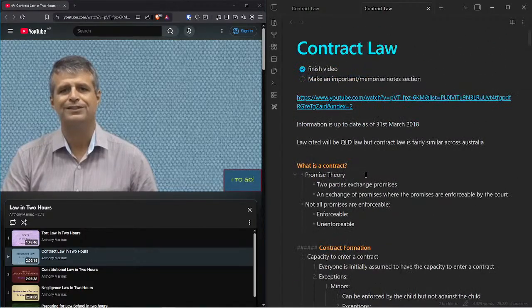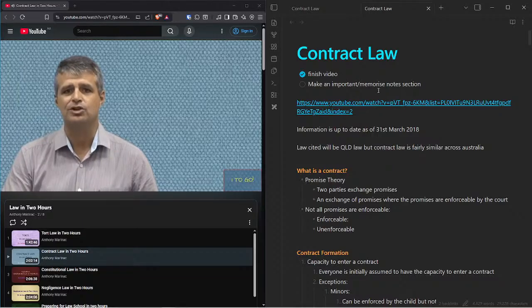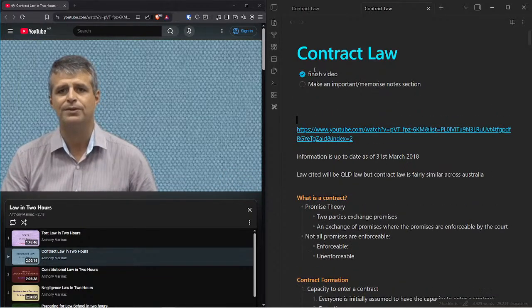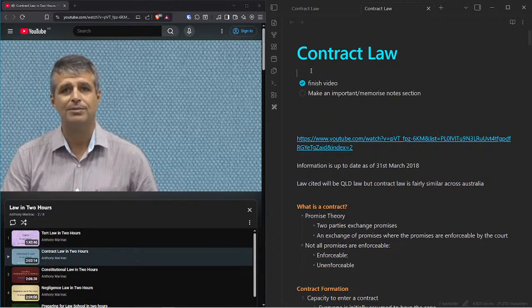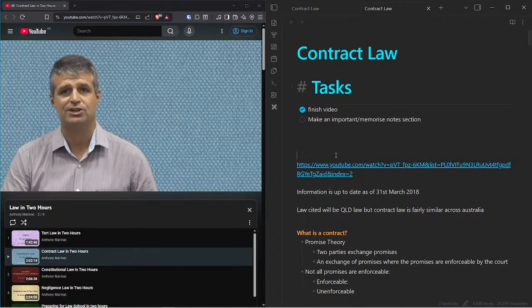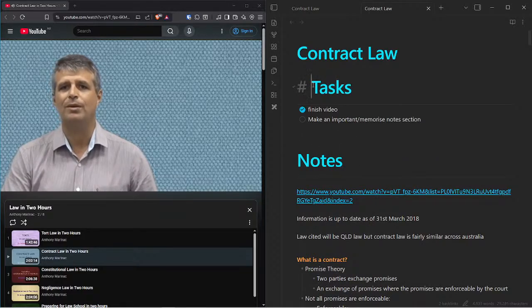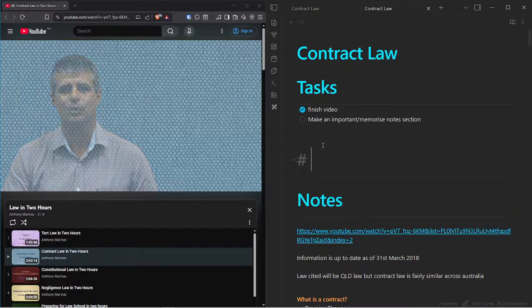We've looked at factors like mistake, misrepresentation, undue influence, unconscionable conduct, and illegality, all of which can make a contract void. And we've looked at contracts ending by performance, agreement, frustration, and breach. And if there's a breach, we've looked at the common law remedy of damages, the equitable remedies, and the remedies under the Australian Consumer Law.